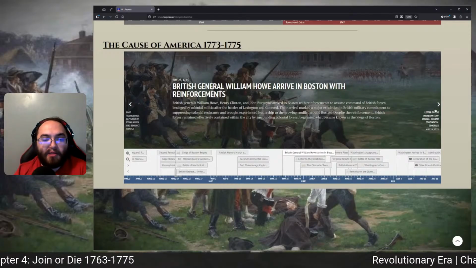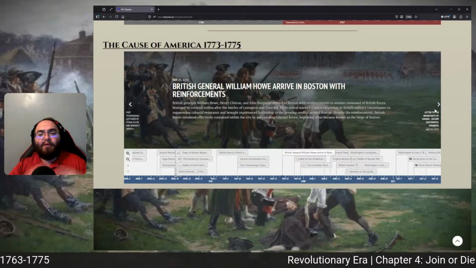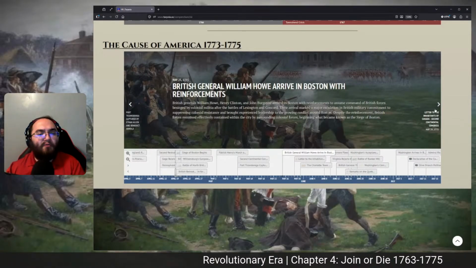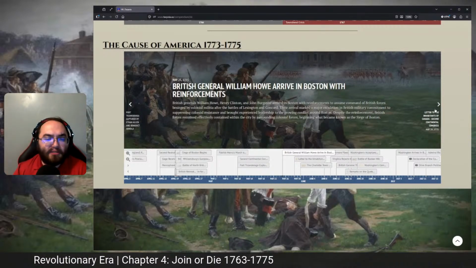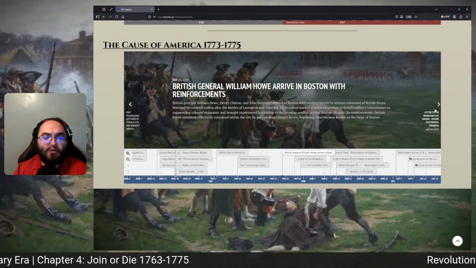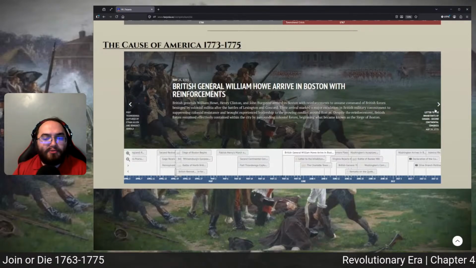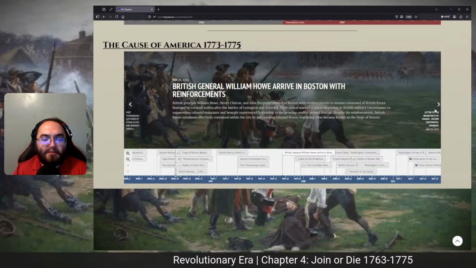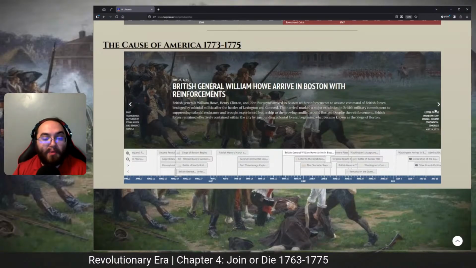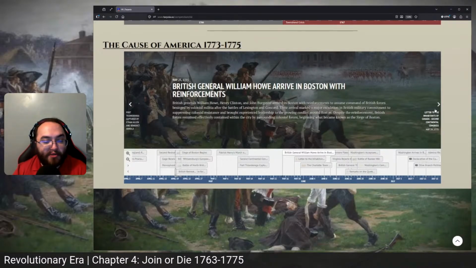William Howe will be the first commander of British forces of the American Revolution, and he is supported by his subordinates, Henry Clinton, John Burgoyne, and others. These are the most important generals of the American Revolution. William Howe is the first commander-in-chief of British forces.